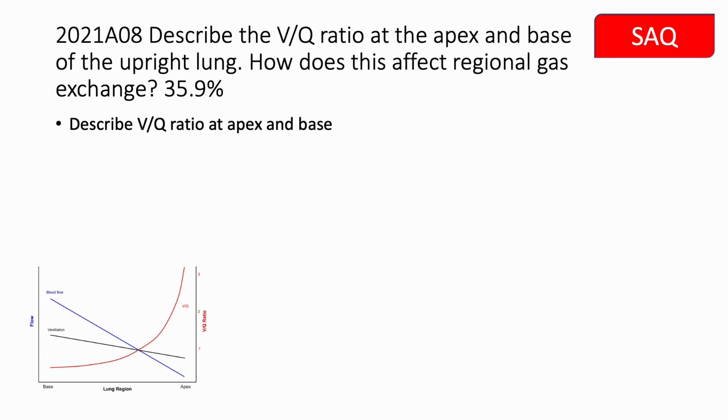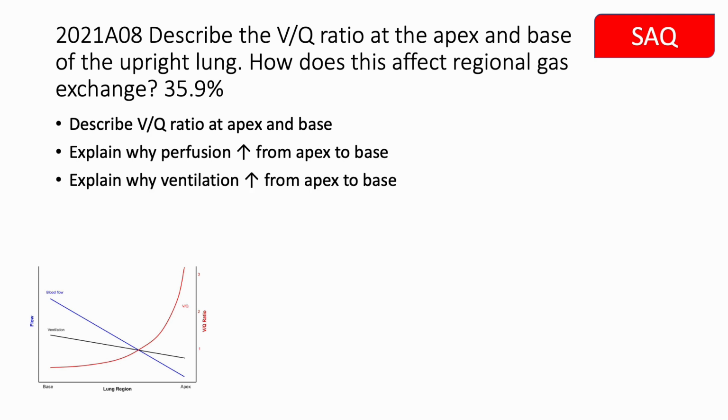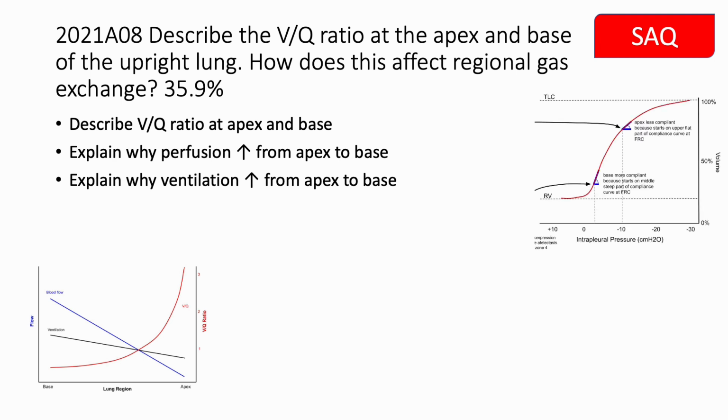That is because blood flow increases more than ventilation going from the apex to the base, resulting in this VQ relationship. We then want to go on to show that we understand the underlying mechanisms of why that occurs and explain why perfusion increases from the apex to the base and why ventilation increases from the apex to the base. And it may be useful to draw the compliance curve to aid in your explanation.